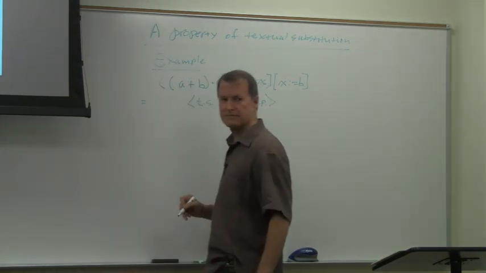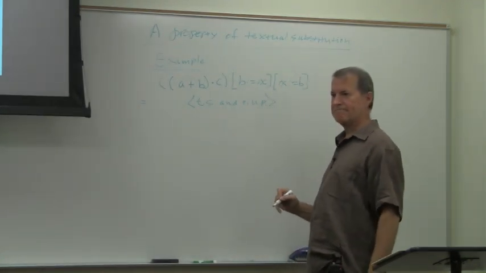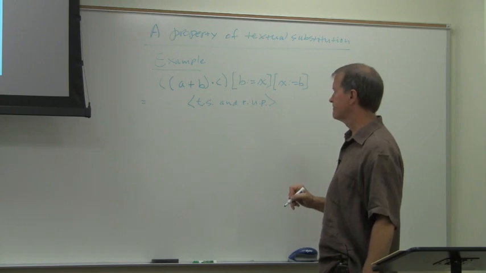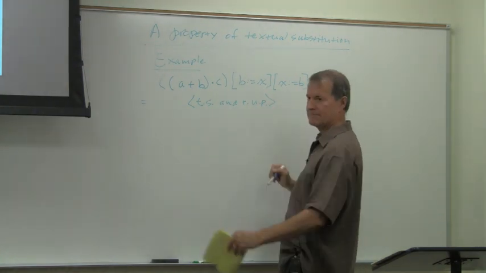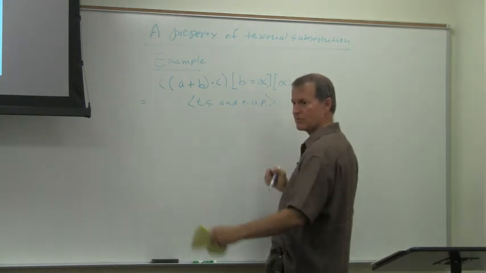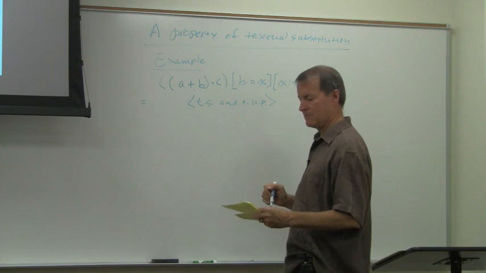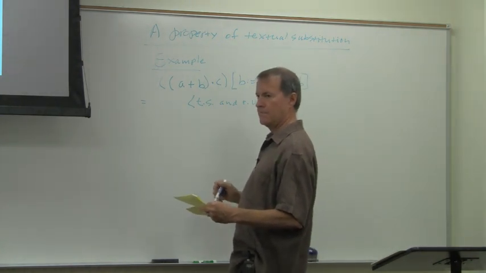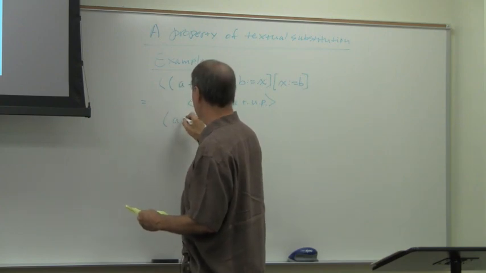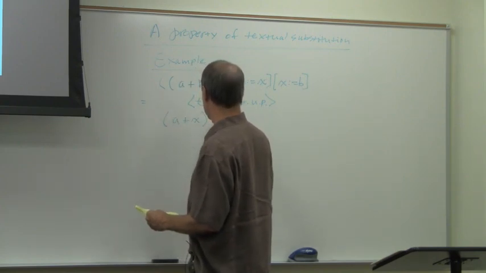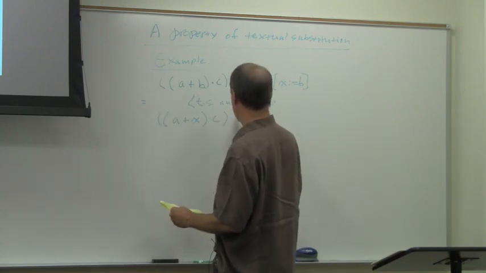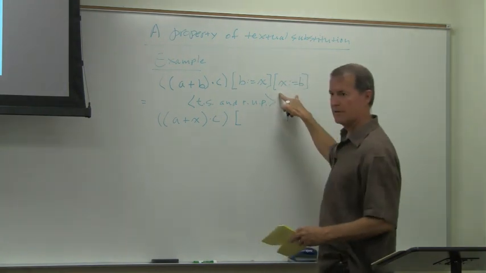Whose turn is it? Josh, maybe? We have to do this in two steps, so we'll do just the first textual substitution step: a plus x in parentheses times c. So a plus (x plus x times c), close parentheses. And then we still have left x replaced by b.